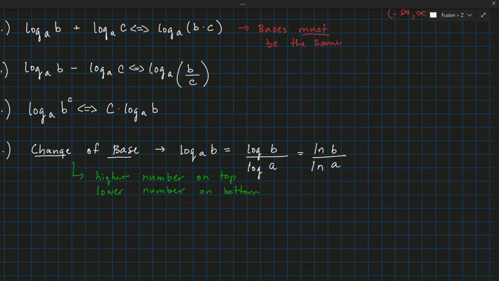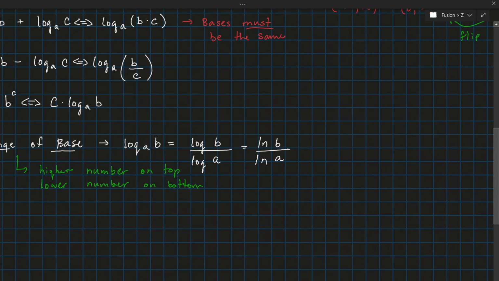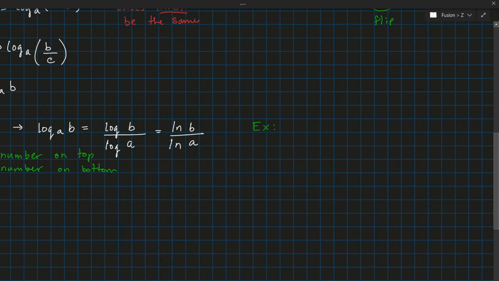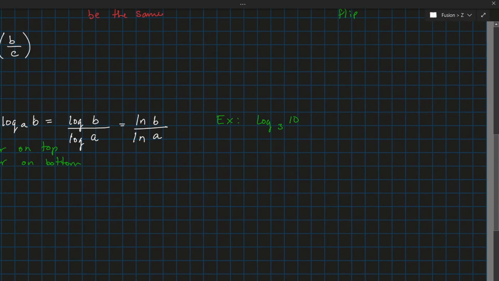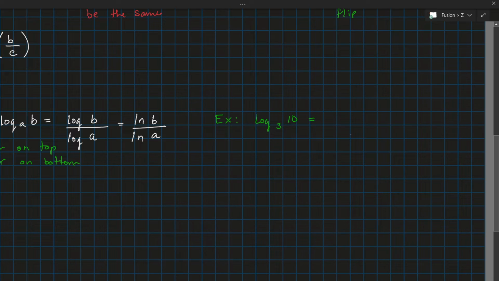And this way, let's say, for example, log base 3 of 10. Well, you normally couldn't enter this into your calculator, but you can use the change of base to turn it into log base 10.